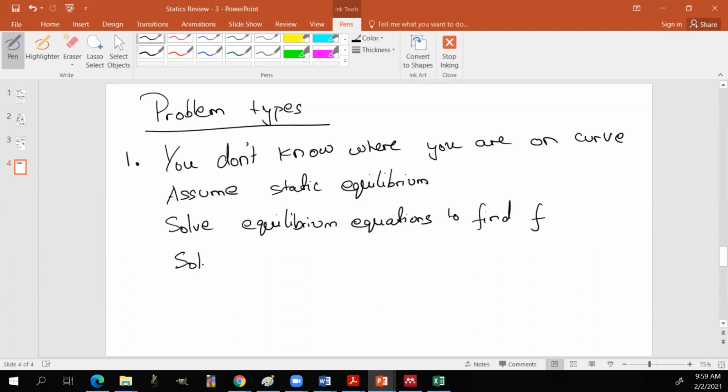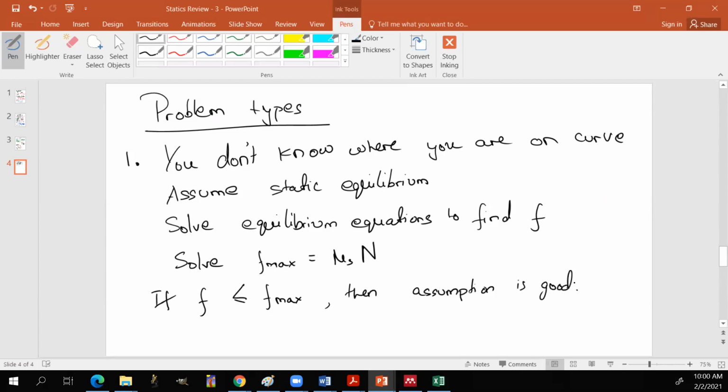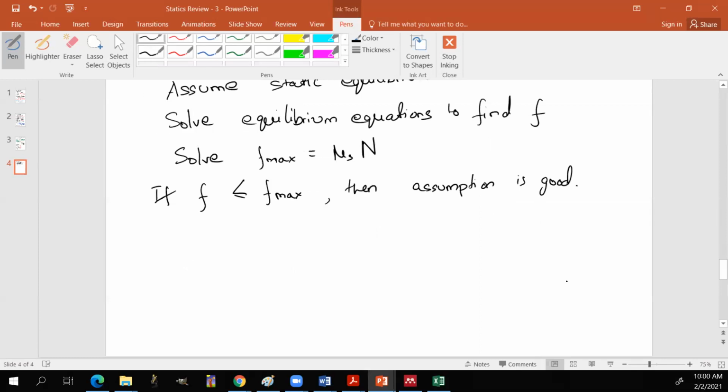And then you also solve for what your max friction force should be. If the friction force that you solve for is less than or equal to this max, then this assumption of static equilibrium is good. You'll have a homework problem that you need to do to use these steps.